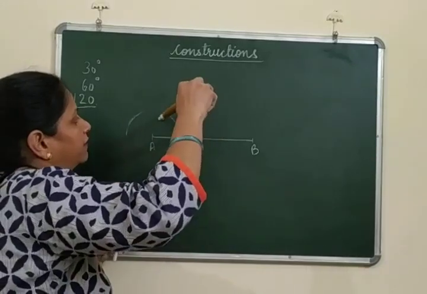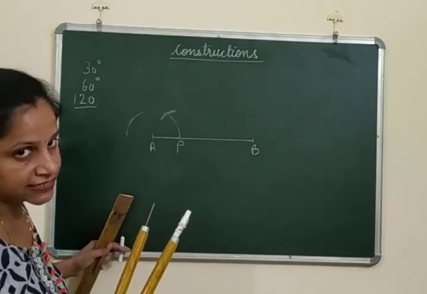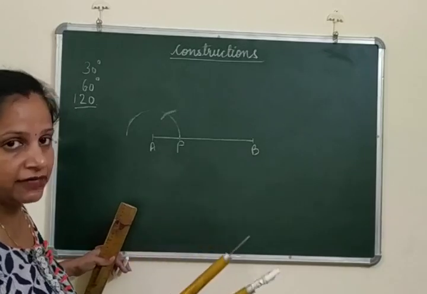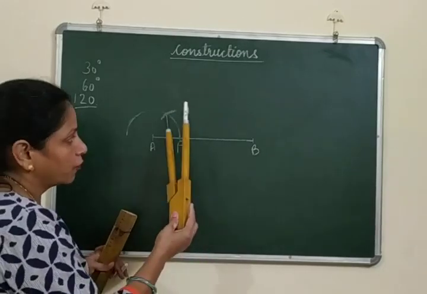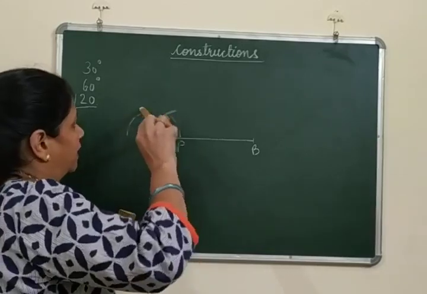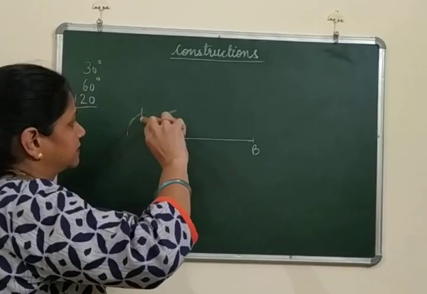Now if you remember, when we cut an arc like this and join this line, this becomes an angle of 60 degree. But now we require an angle of 120 degree. So for that, the point that we have got, again with the same radius, we make another arc, keeping it on the same point, and we get another arc like this.